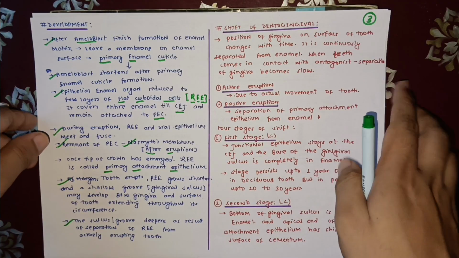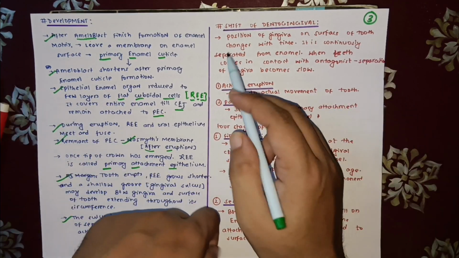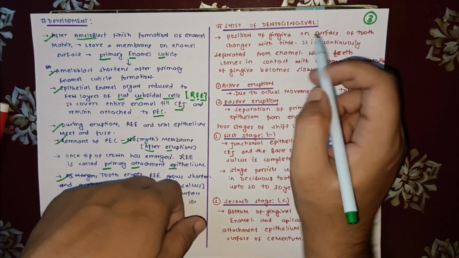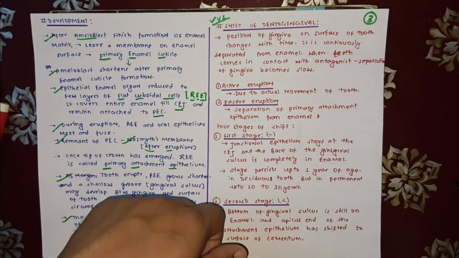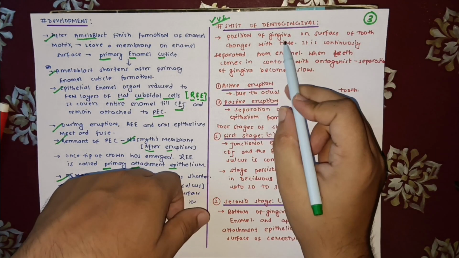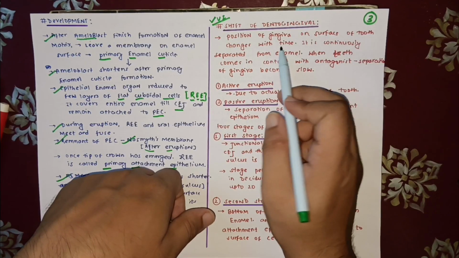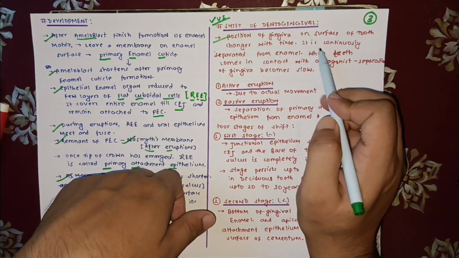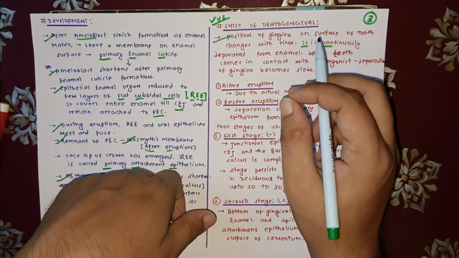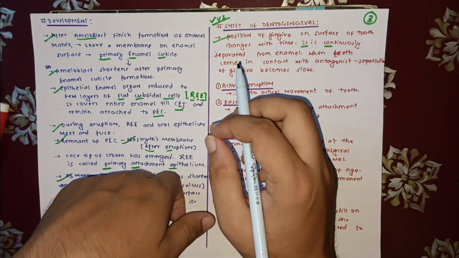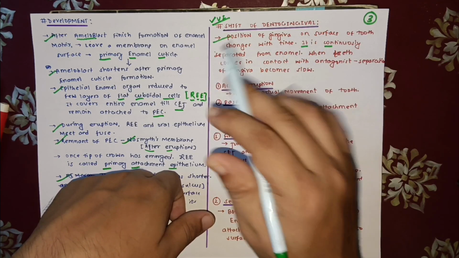Now after that we will move to another topic, that is the shift of the dentogingival junction, and this is also a very important topic for your exams. The position of the gingiva on the surface of the tooth changes with time, and it is continuous. The position of the gingiva or the junctional epithelium over the tooth structure is not permanent.